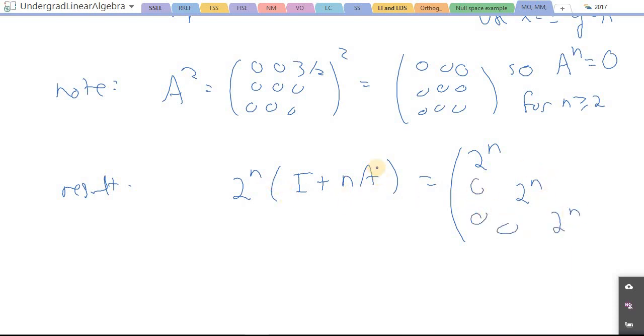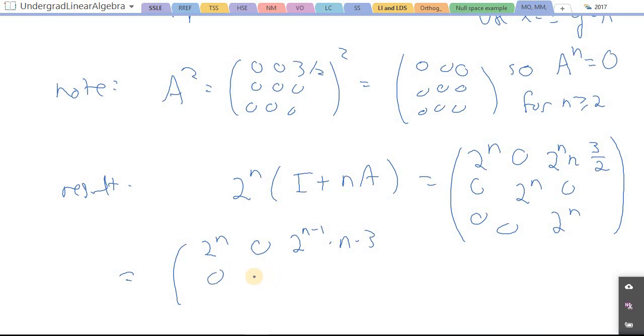And then 2 to the n times nA, the A has a 3 halves here, so I'm going to get 2 to the n times n times 3 halves. And that's the same thing as what I got before: 2 to the n, 0, 2 to the n minus 1 times n times 3, 0, 2 to the n, 0, 0, 0, 2 to the n.